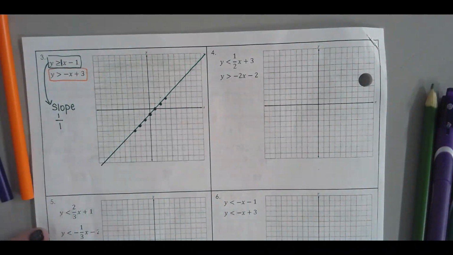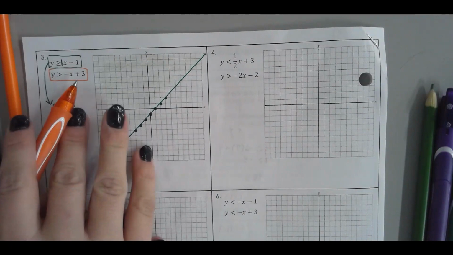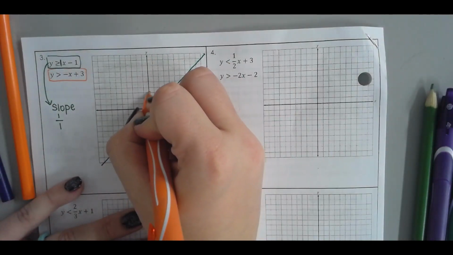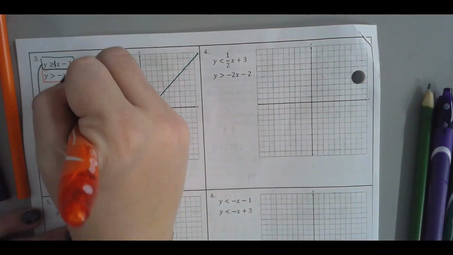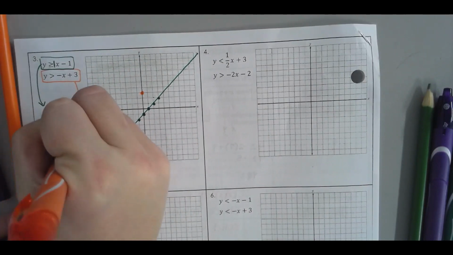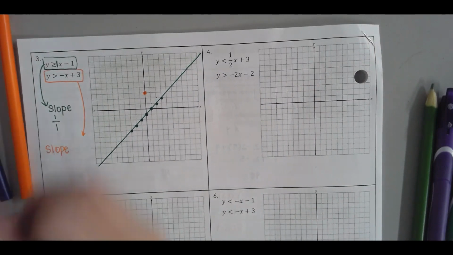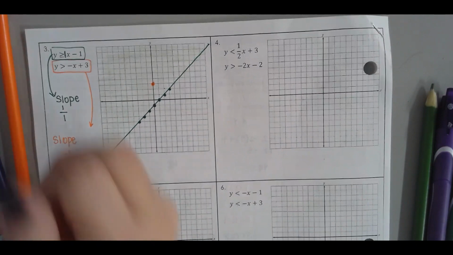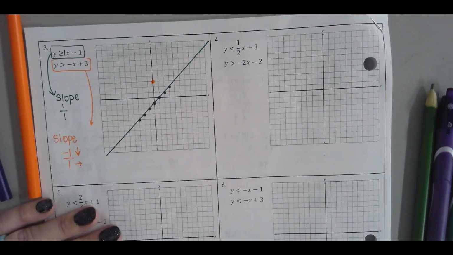What is its y-intercept? Plus 2. -1. The y-intercept is the number at the end. 3. Positive 3. What is my slope? -1 over 1. So I'm going to count down 1, right 1.